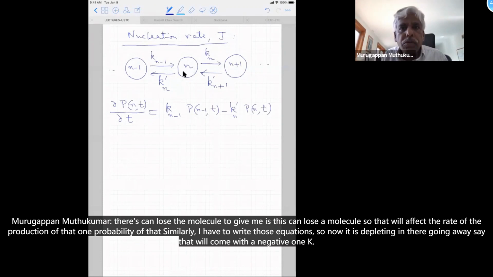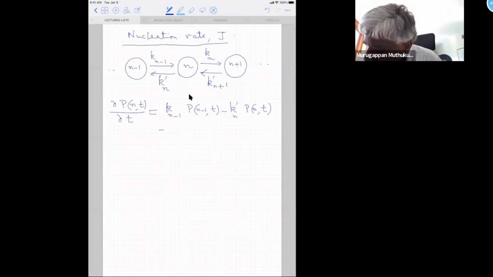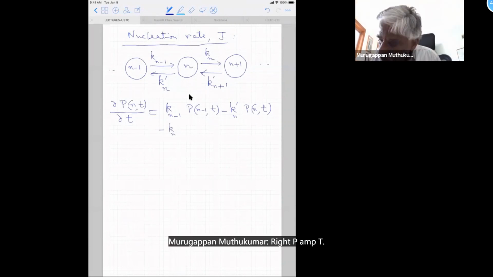This can lose a molecule, which will affect the probability of that one. Similarly, I have to write those equations. Now it is depleting n, they're going away, so it will come with a negative sign, k n P n t.